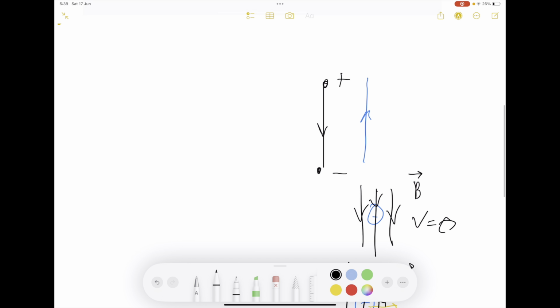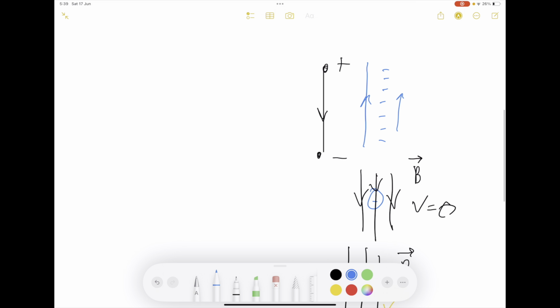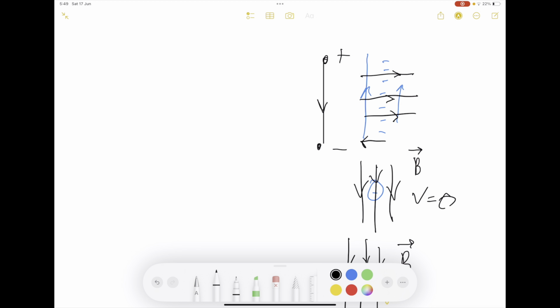So in current, there is flow of negative charges, right? And when it's subjected to a magnetic field, let's say like this, it feels a force. Using the right hand rule, we can tell that the force is acting downwards into the paper. If you can see, you can think of it like this.